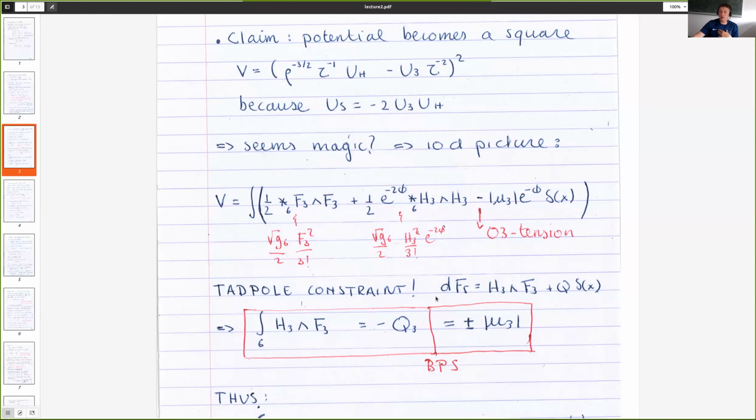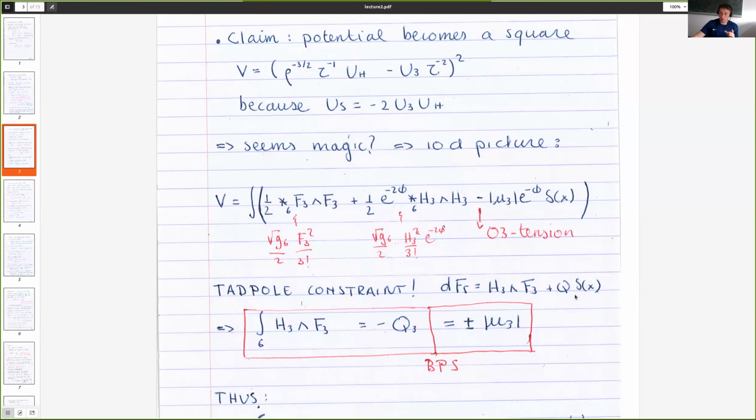And I essentially invoke Gauss's theorem, which you remember from electromagnetism. If I integrate this and I say, well, this has to be a well-defined differential, then since I'm integrating an exact form over a compact space, the result has to be 0. So the integral of H3 wedge F3 plus Q delta must exactly vanish.